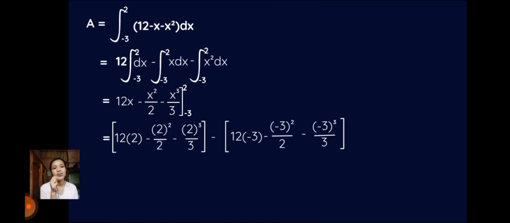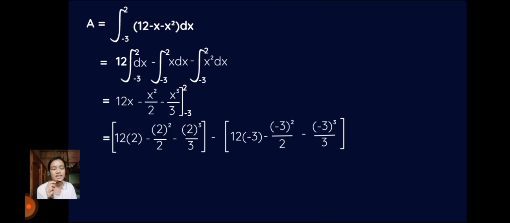So, 12 times 2 minus 2 squared over 2 minus 2 cubed over 3, minus, 12 times negative 3 minus negative 3 squared over 2 minus negative 3 cubed over 3.